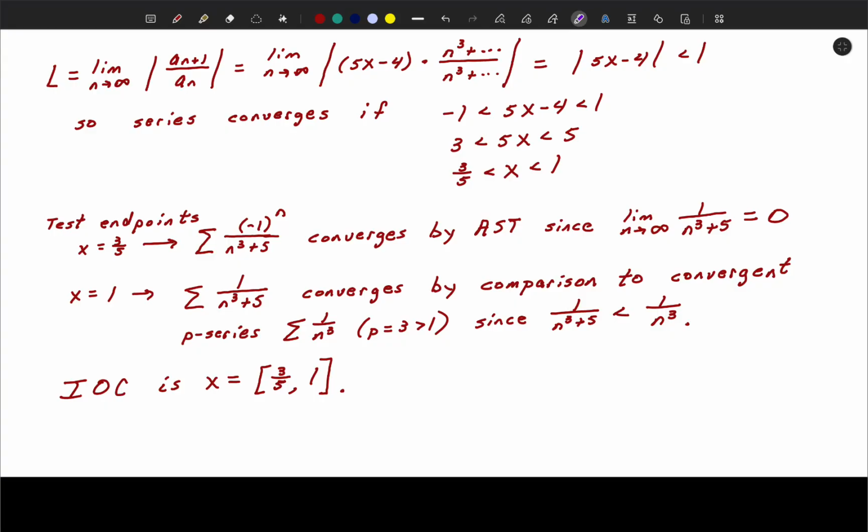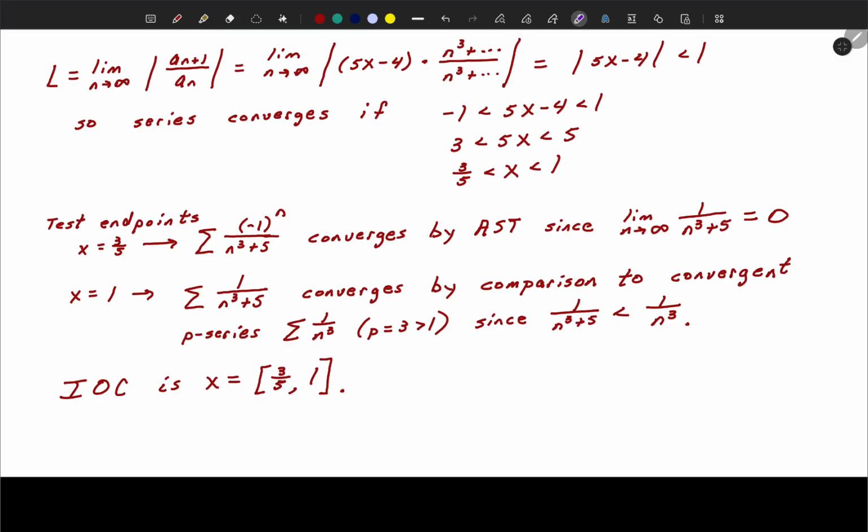What I know about that, with the p-series, the difference in the numerator and denominator is 3. So I would compare this to a p-series with p equals 3. And I know that this, term by term, is going to be smaller than 1 over n cubed. This denominator is always larger than this denominator, so this fraction is always smaller than that fraction.